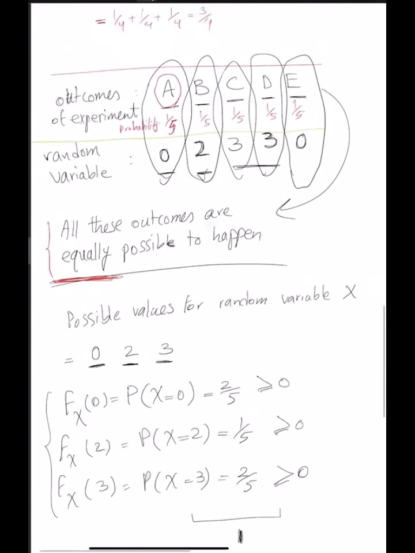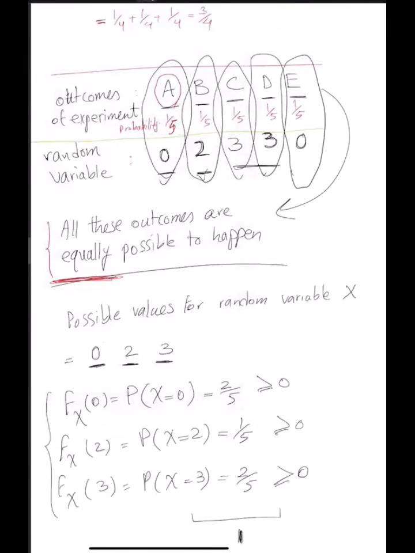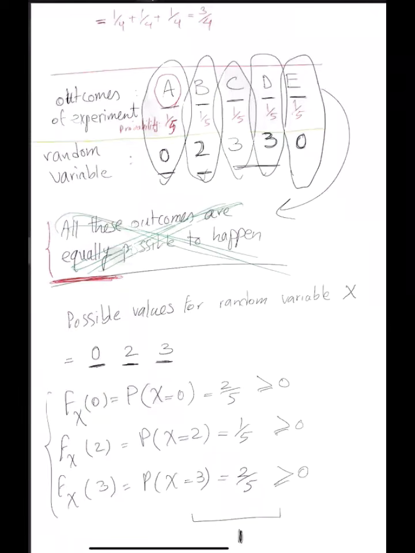If I had told you that these outcomes do not have the same chance of happening, let's assume this was not given to you. I would actually give you their chance of happening. So I would say, okay, A has the probability of 0.1 of happening. B has the probability of 0.2. C has the probability of 0.25.